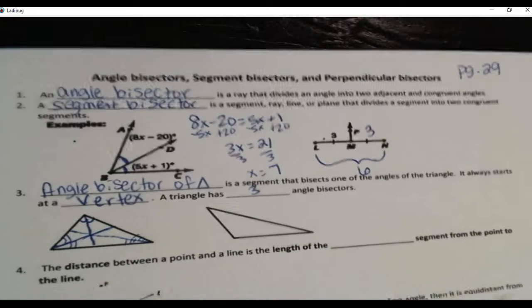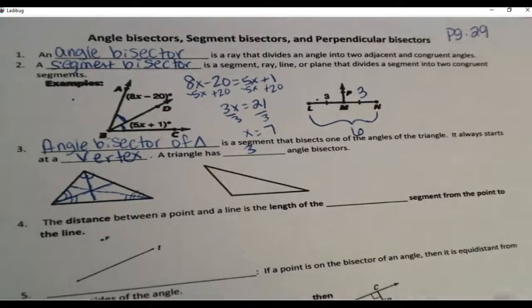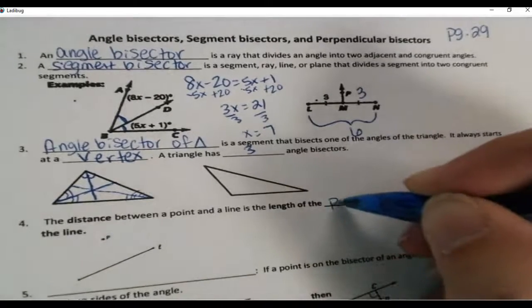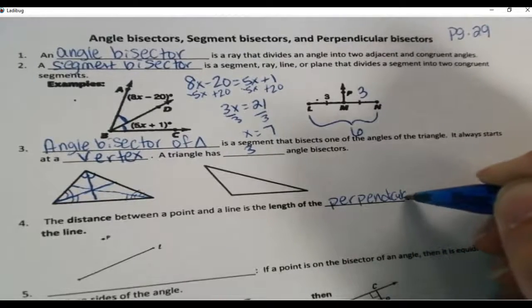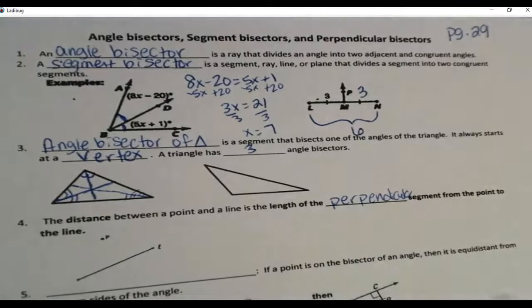Okay. So our next one, the distance between a point and a line is the length of the perpendicular segment from the point to the line.